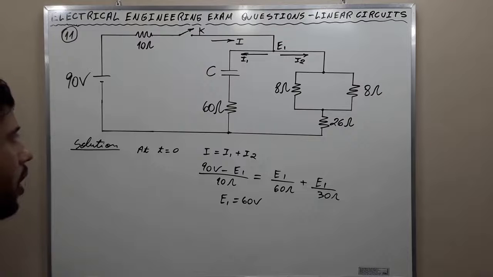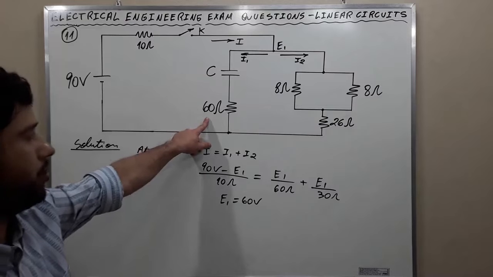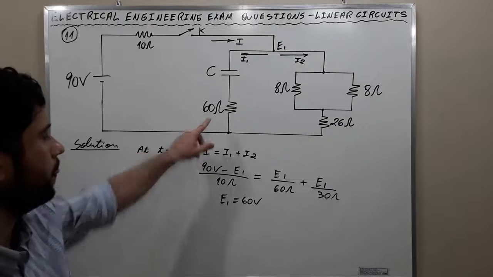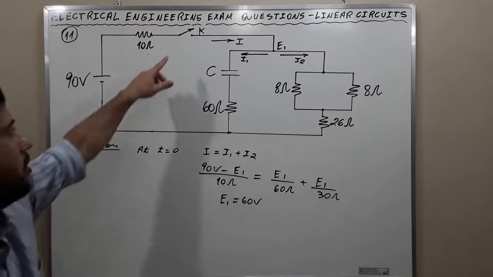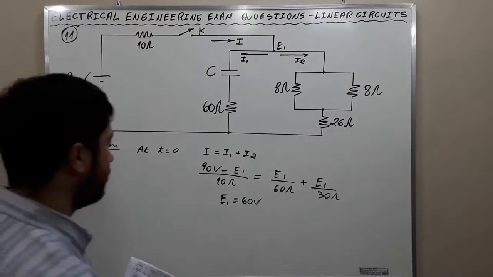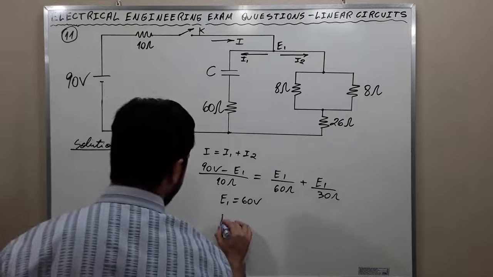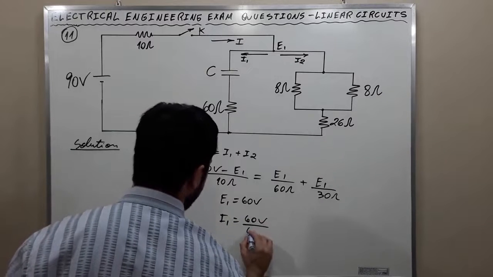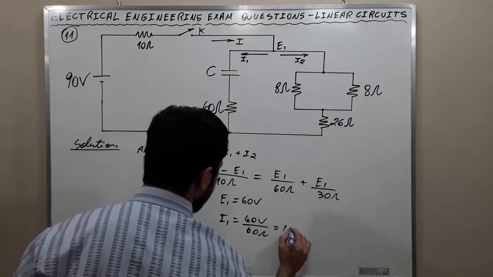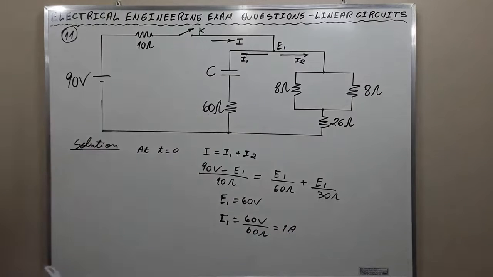And the value of the current I1, which passes through this resistance here, at t equal to 0, immediately after switching, is going to be 1 amp or 1 ampere. This is the first result.